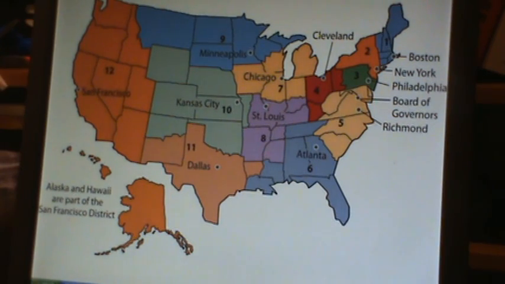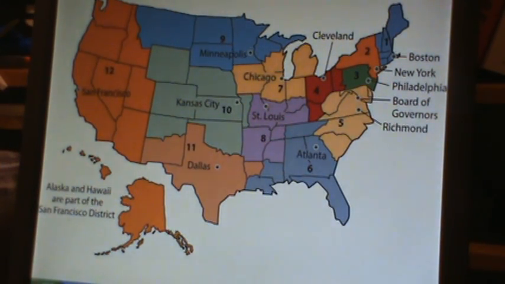The Federal Reserve prints money, lends money to banks for a particular cost, for a particular interest rate. And that interest rate is used to determine consumer interest rates.